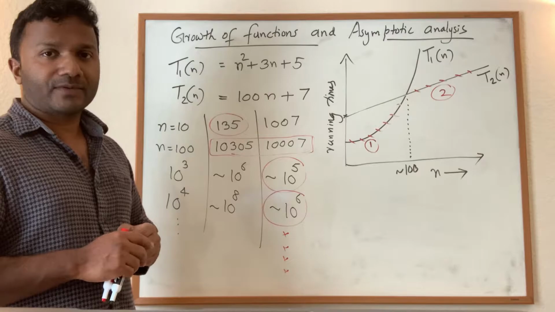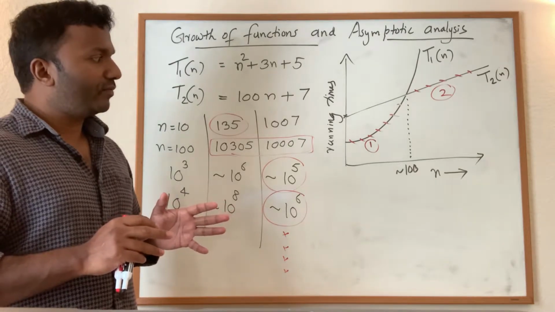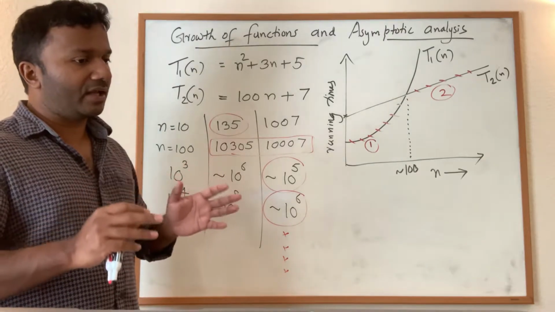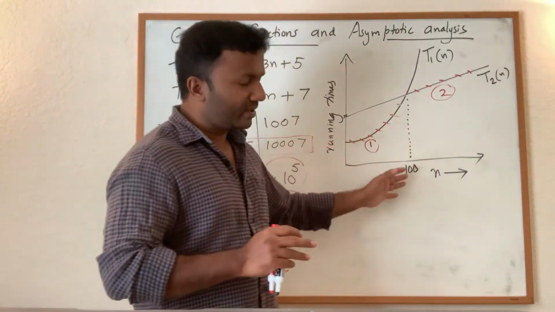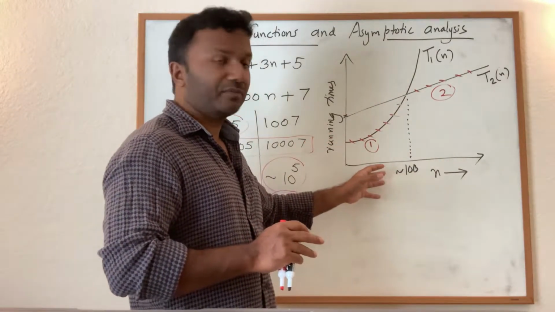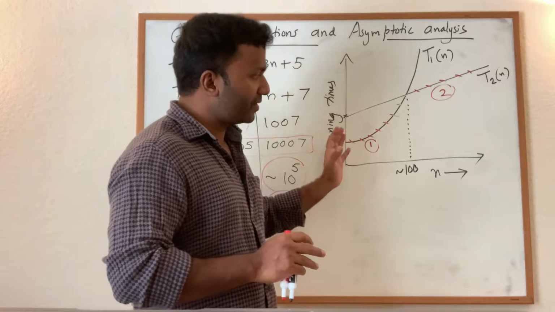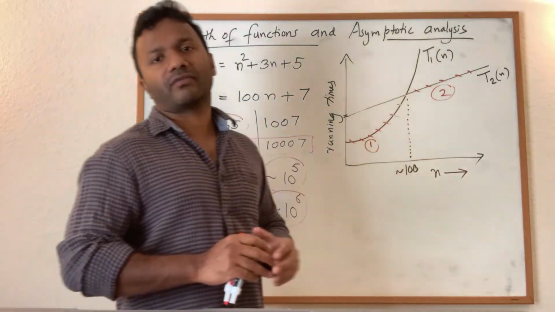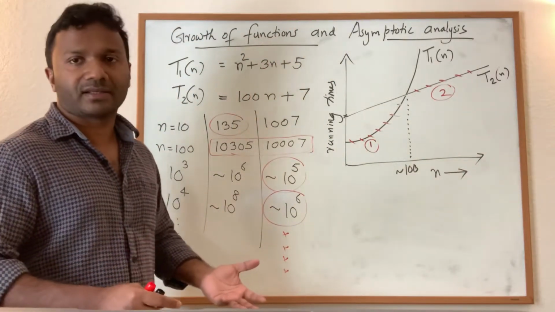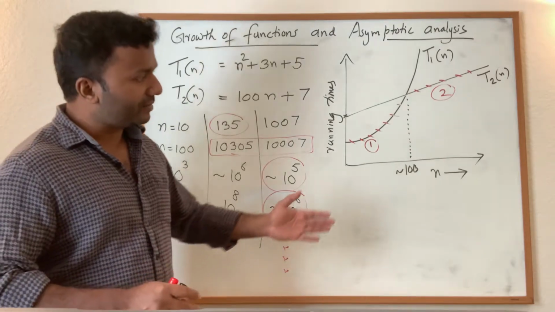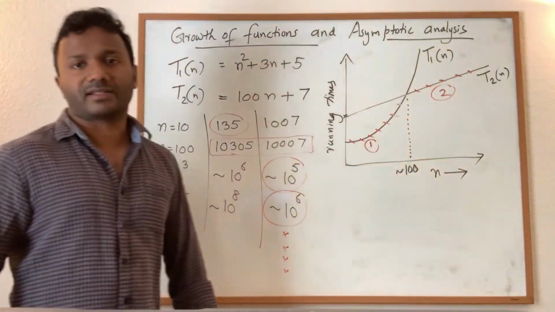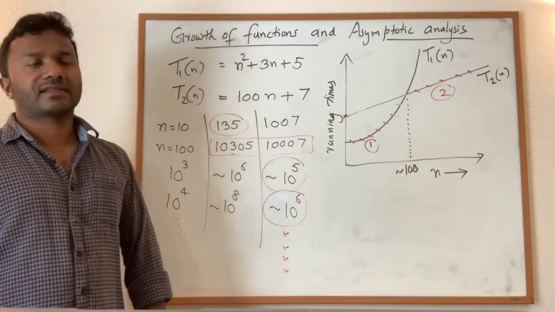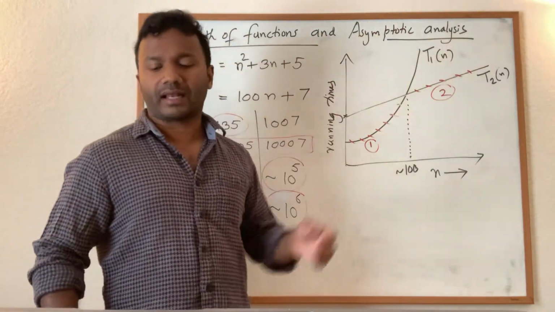Which means we should really focus more on the speed, the running time, or the performance of these algorithms for large values of n, and choose the best one, which has better performance in this region. And this sort of analysis is called asymptotic analysis.